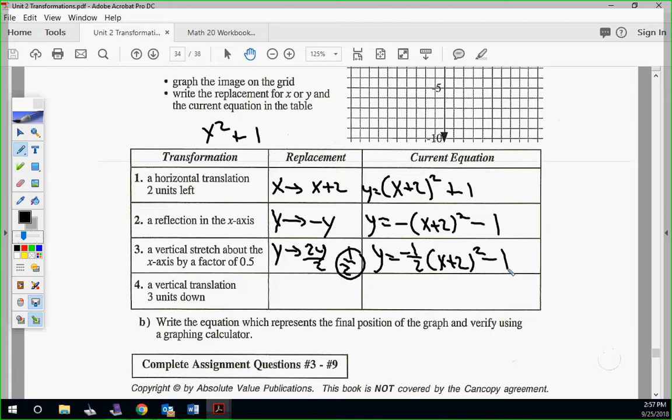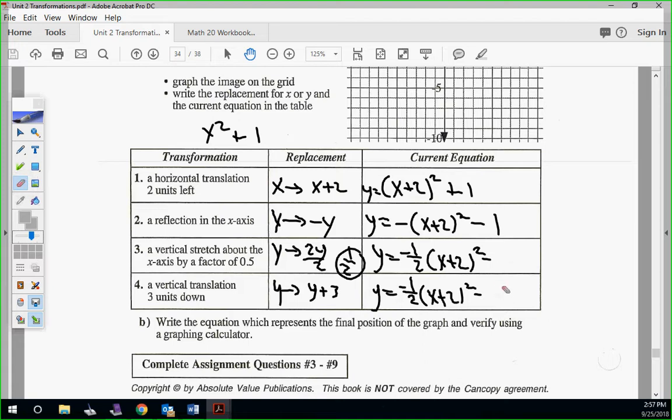And lastly, vertical translation 3 units down. Y plus 3, because we're going to subtract it over. And this is what we got. Yep.